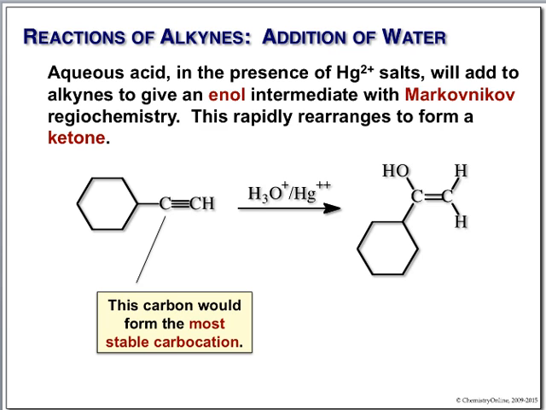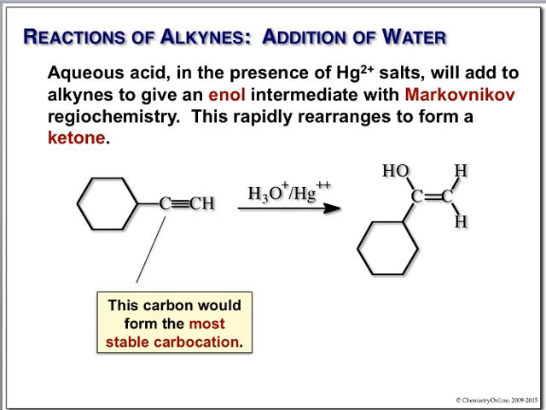We have a primary and a secondary, so our secondary wins. In the presence of mercury and acid, we will add the elements of water, and we will get this intermediate. This is referred to as an enol.